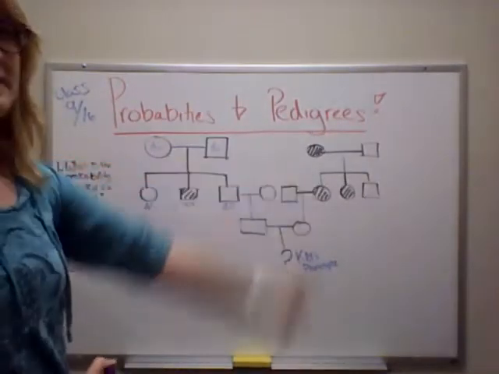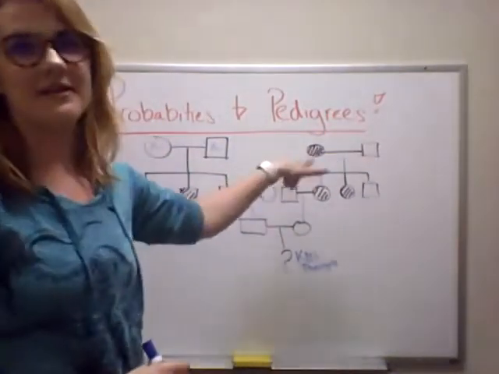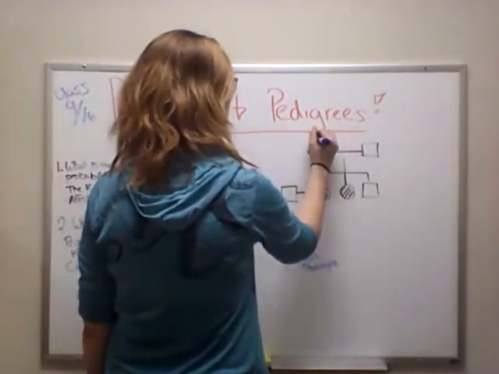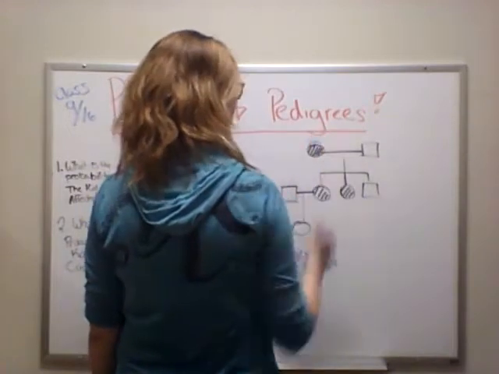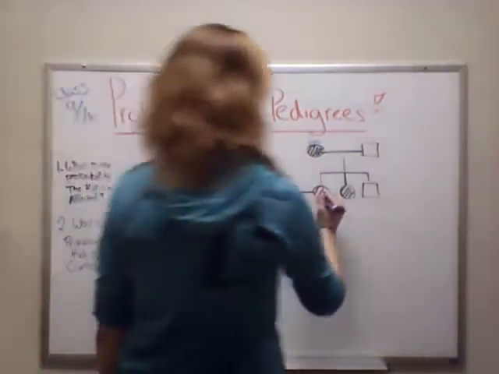We can go over to the other side and we see we have an affected parent and an unaffected parent. Affected parent's going to be double recessive. These two kids are going to be double recessive.